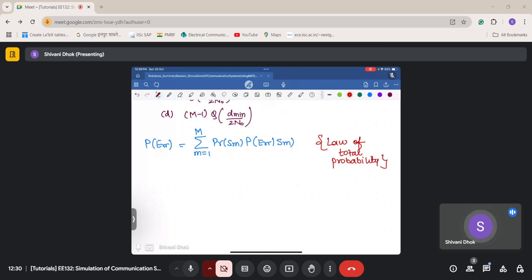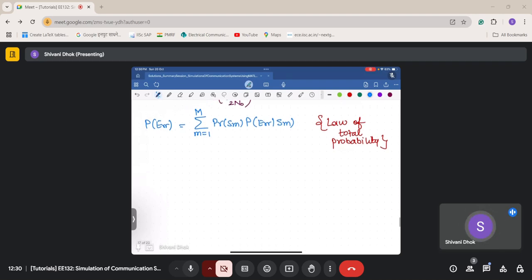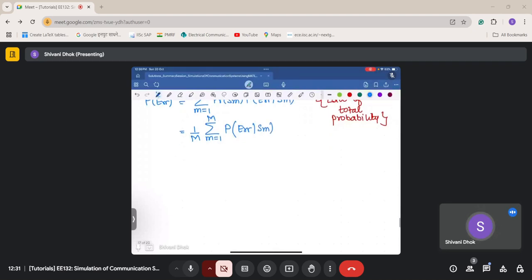Okay, so we have this now. Let us say those are equiprobable. So this probability of Sm will be equal to 1 by M, summation m equal to 1 to M, into probability of error given Sm was transmitted. So let's say this is equation 1.